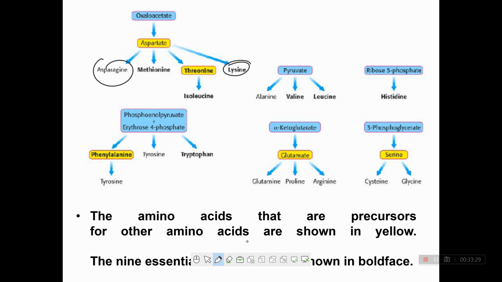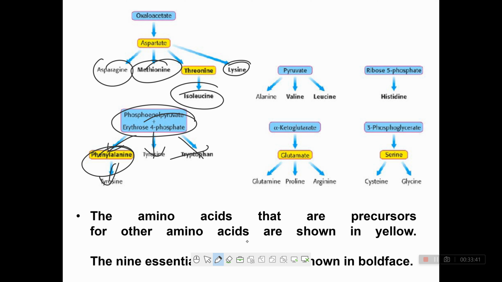Phosphoenol pyruvate plus erythrose 4-phosphate are converted into phenylalanine, tyrosine and tryptophan. Pyruvate is converted into alanine, valine and leucine.